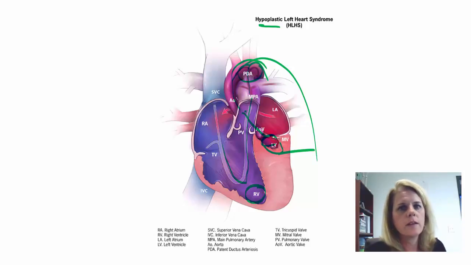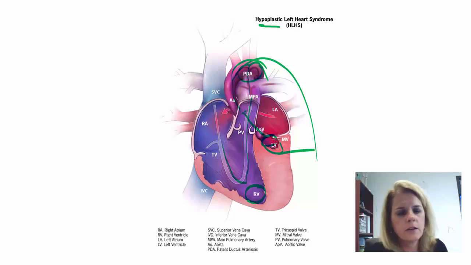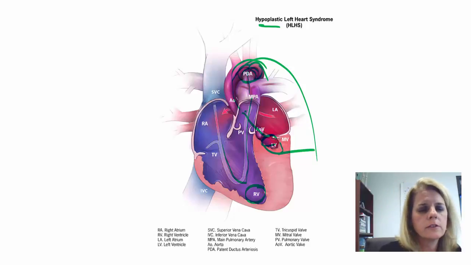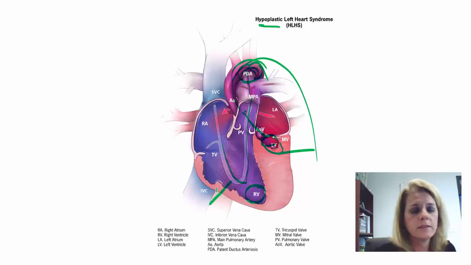And so it's doing the work of both sides. And so the child may live anywhere from 24 hours to a week until eventually that ductus arteriosus will finally just close and fail. And the right side, because it's having to do the job of both sides, finally fails. And so they go into heart failure.